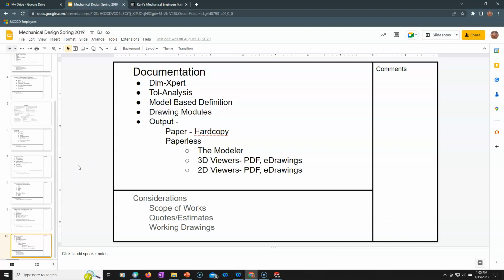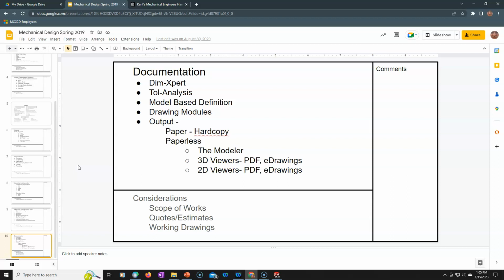For our documentation, I think I mentioned in my career we've been talking about paperless manufacturing for quite a while. We've made progress, but the reality is the shop is, no matter how clean, there's still coolants, oils, chips, materials.